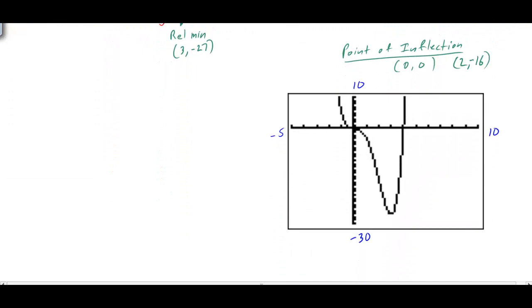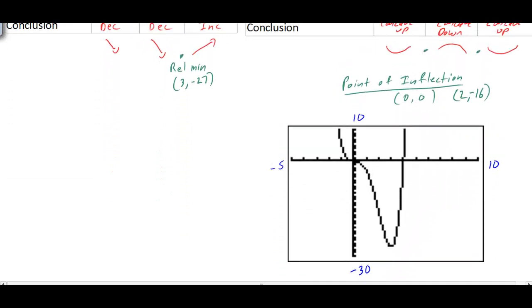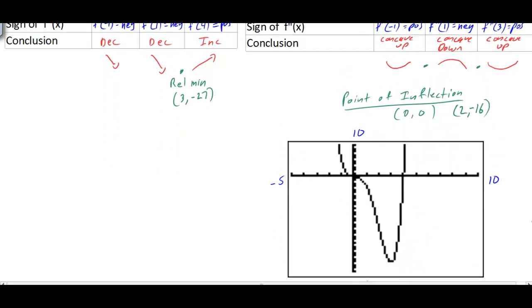And here below, if we look at the graph, we can see how all of this is going to happen. We'll notice that at 3, -27, here we have a relative min, and then at 0, 0, we have a point of inflection.